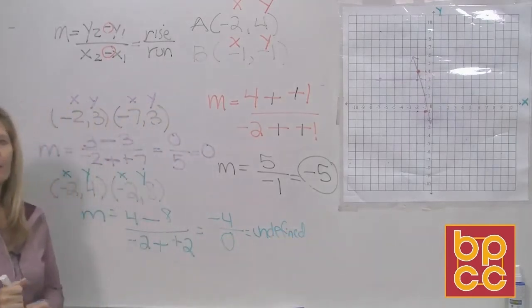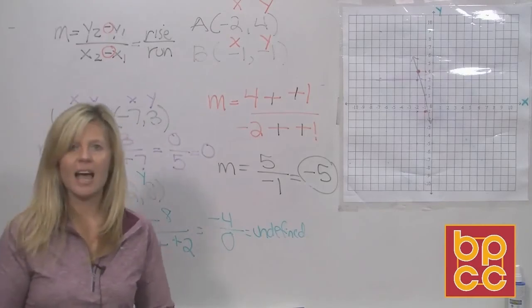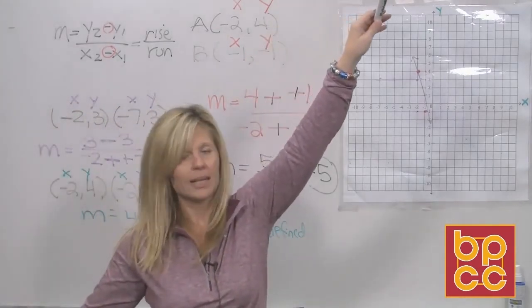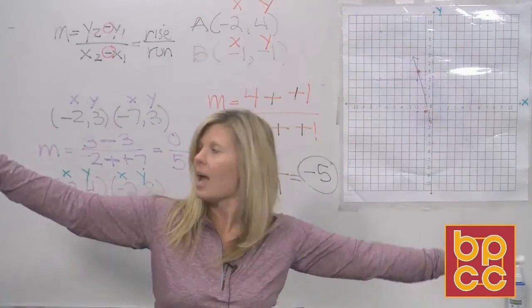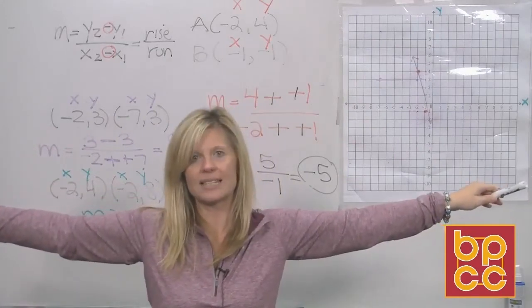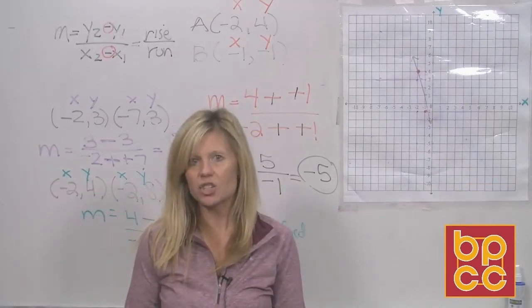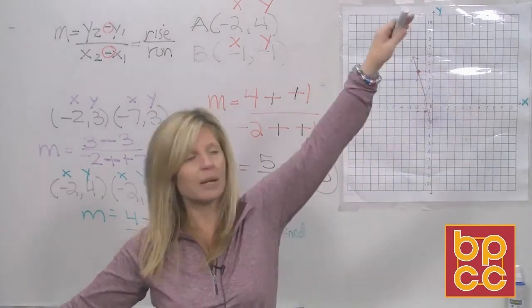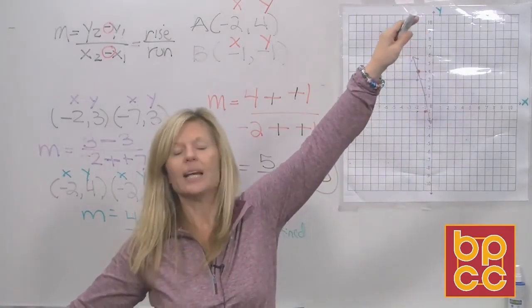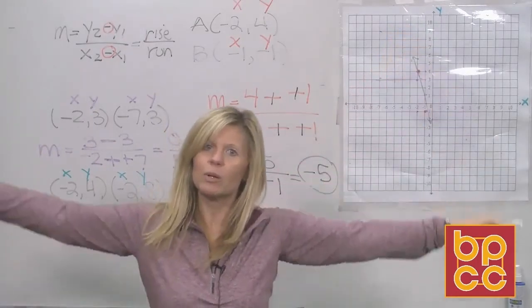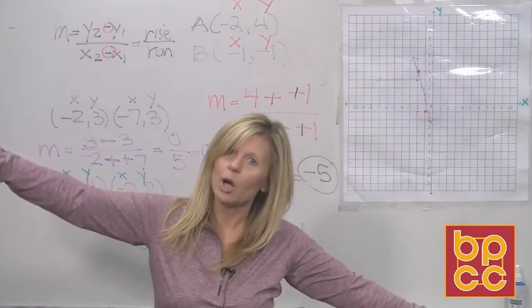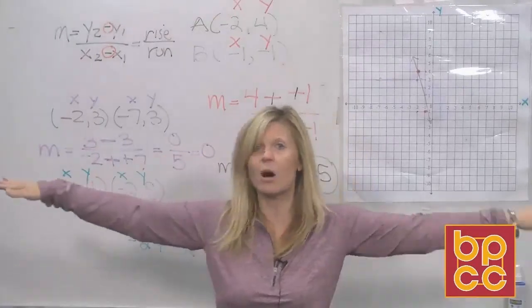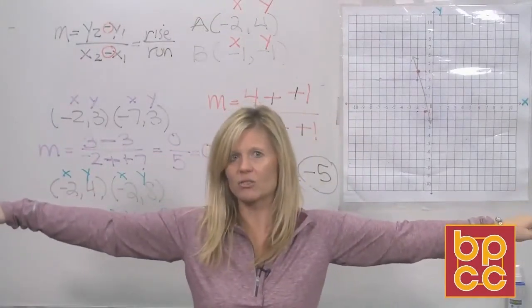Now, what that means is the line doesn't have a positive slope, it doesn't have a negative slope, and the slope is not 0. It's not staying steady. So look what I just demonstrated. If the slope was a positive number, we would have a diagonal line going up. If the slope was a negative number, we'd have a diagonal line going down. We just saw if the slope is 0, the line would stay steady, horizontal.